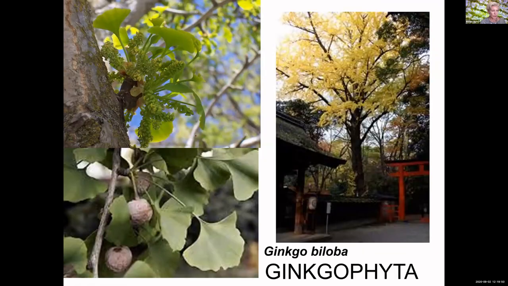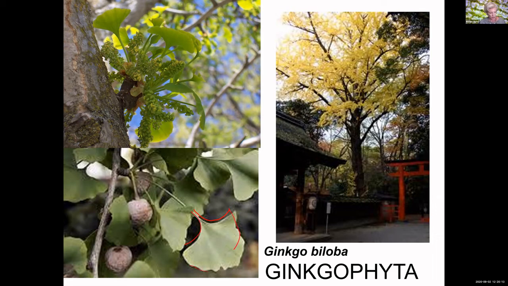All right, when we start looking at the plants with cones, we're going to look first at the plants that only have cones, right? The cone-bearing plants. Our first example is the ginkgophyte. There's only one species, ginkgo. It's a tree. It's a beautiful landscaping tree. It has these characteristic fan-shaped leaves, quite beautiful.